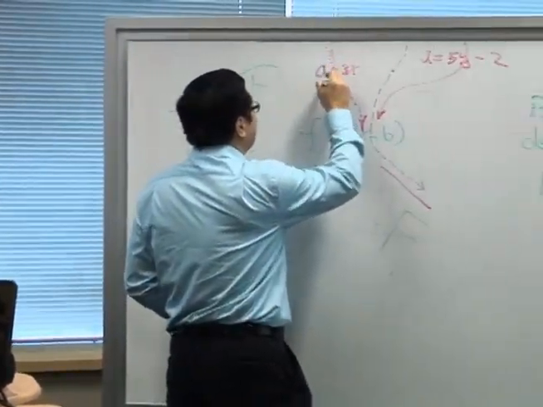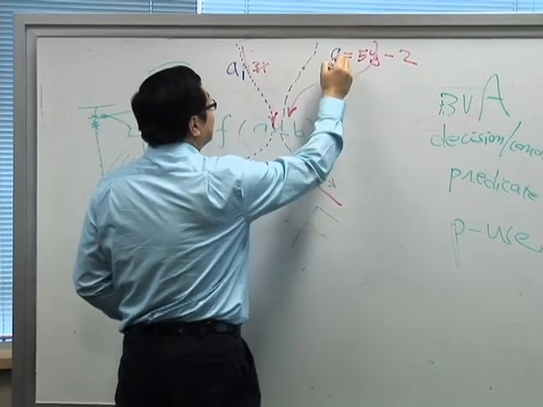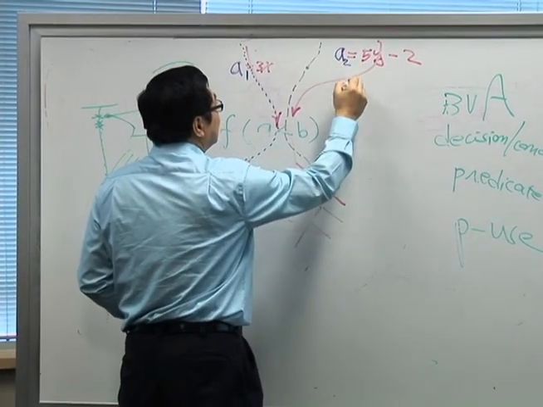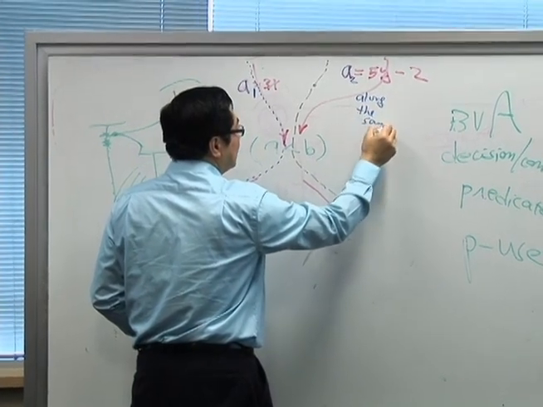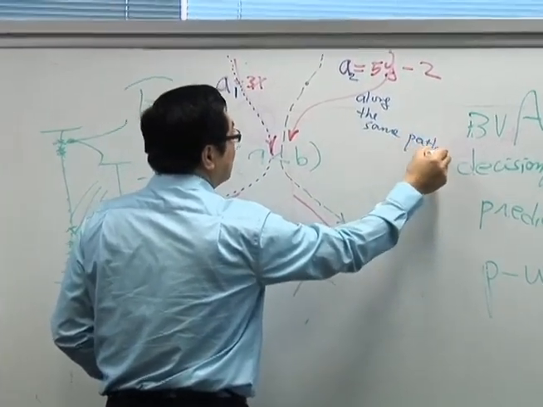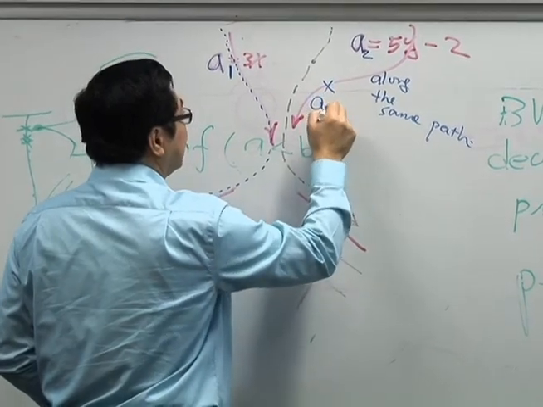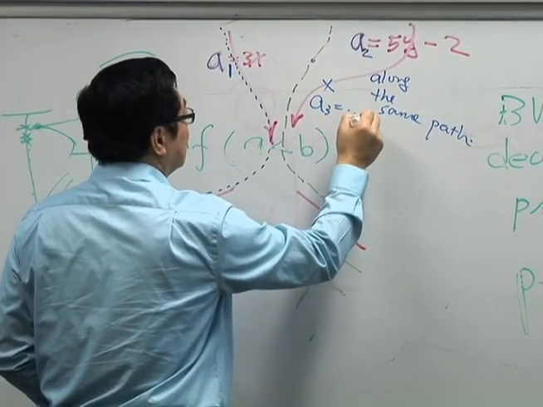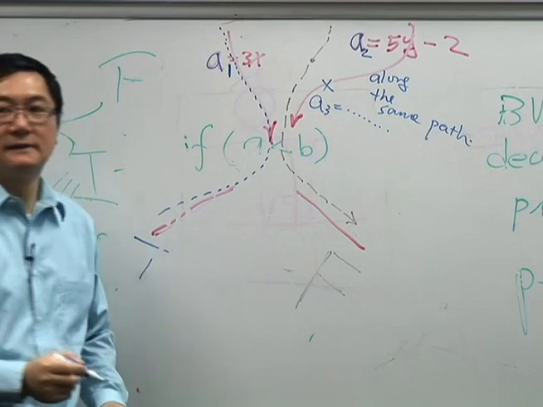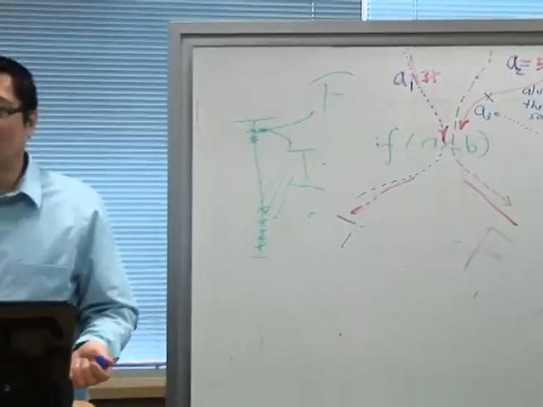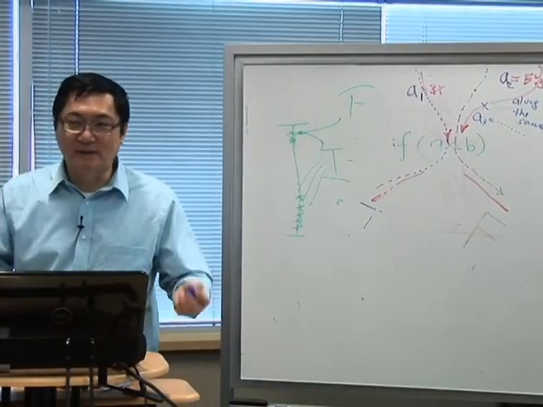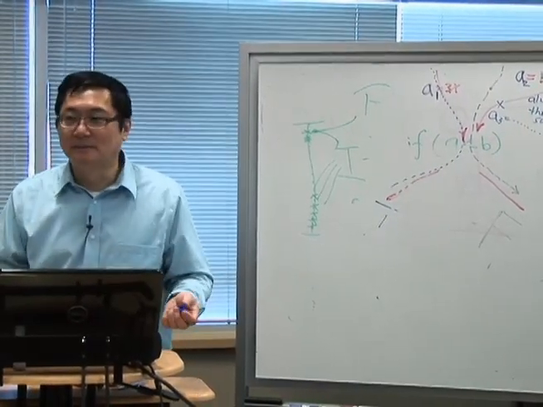So, ask you another question. Suppose I have my first definition here, my second definition here, along the same path. I have the third definition. It happens, right? You can redefine the same parameter again and again in the program.